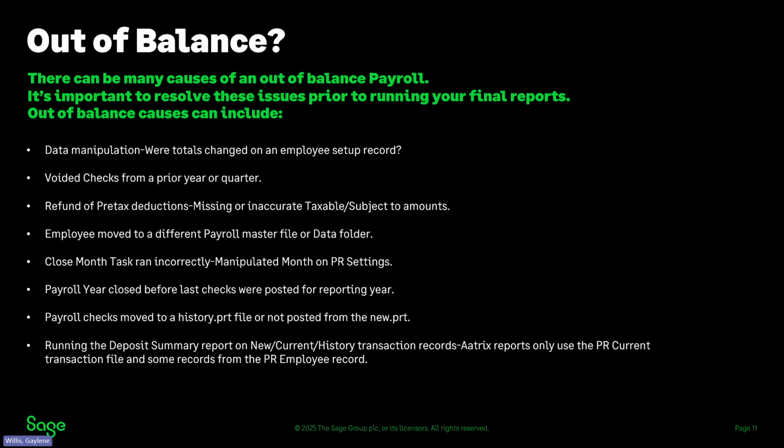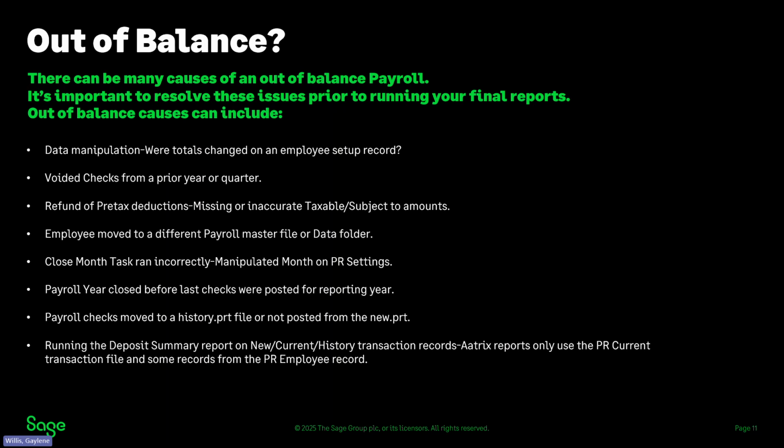However, if we moved an employee, let's say from a field data folder to an executive data folder, and we don't move their checks to the other data folder as well, this is going to cause an out of balance. So if we use multiple files, we want to make sure that employee, along with their checks, gets moved to the appropriate data folder. It doesn't happen very often, but we do see this.